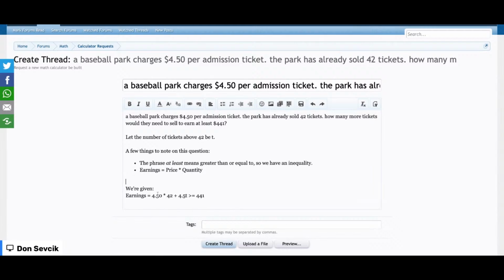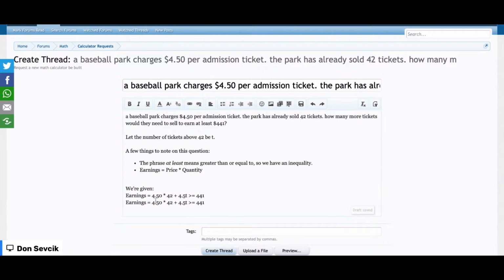Okay, so we've already sold 42 tickets at $4.50. Let me go off camera and use my calculator. We get $189. So we've got 189 plus 4.5T is at least, or greater than or equal to, $441.